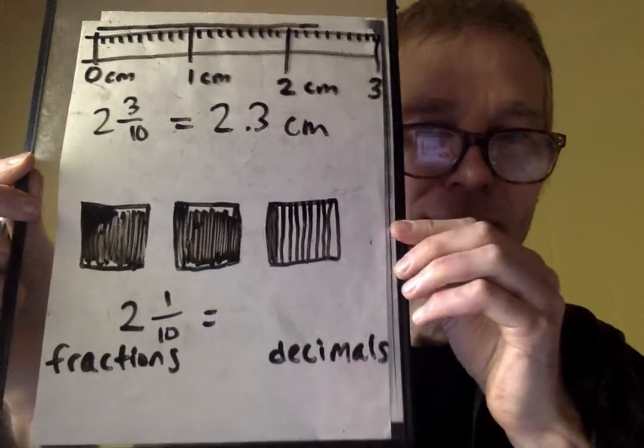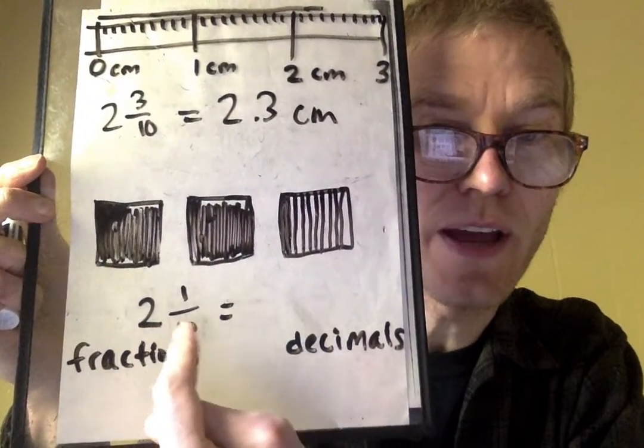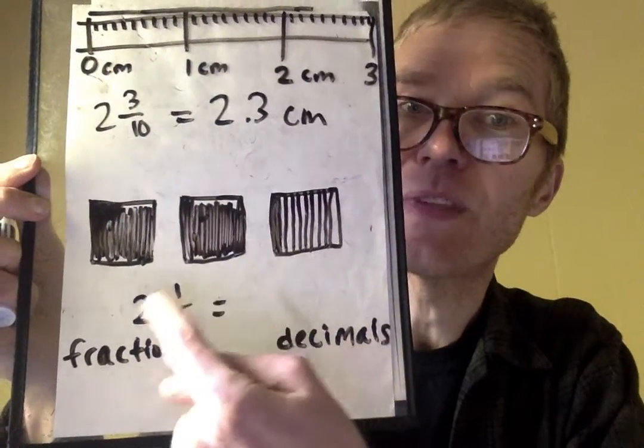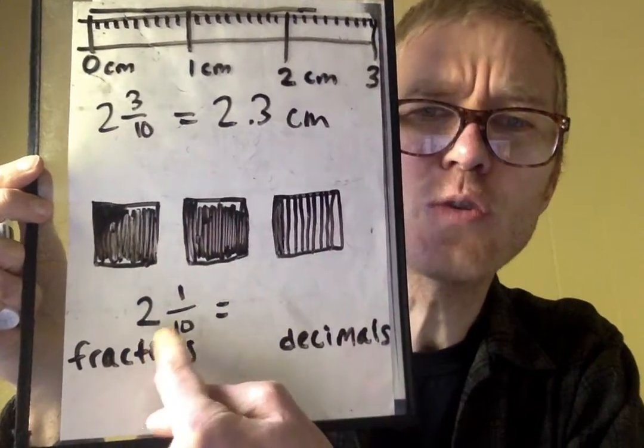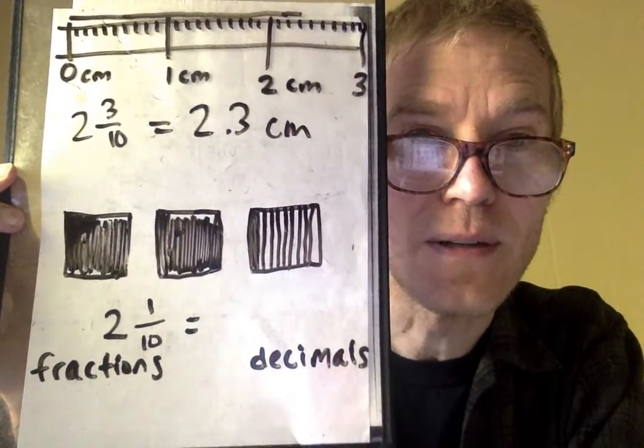I just filled in 2 and 1/10. It's more than 2, but less than 3. 2 and 1/10 as a fraction is going to be what as a decimal?